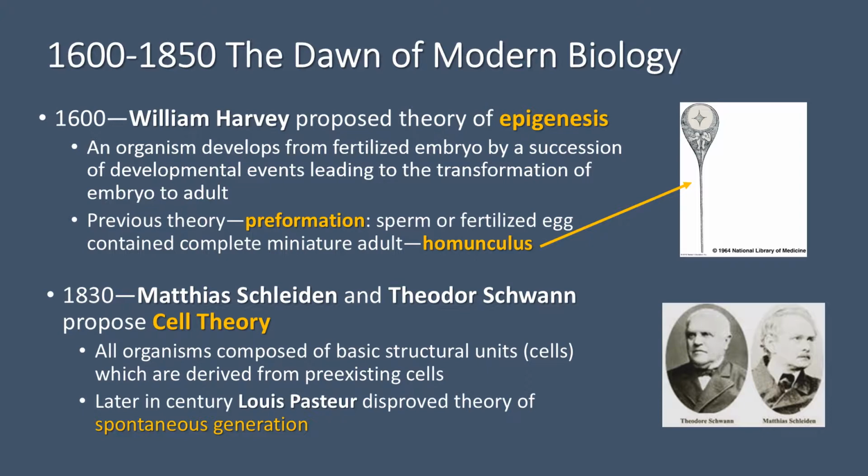And this was counter to a previous theory of spontaneous generation, that life just kind of spontaneously generated itself. And Louis Pasteur was the one that disproved that theory. And in fact, if you take microbiology, you'll learn all about Louis Pasteur and the very ingenious experiment that he did to show that.